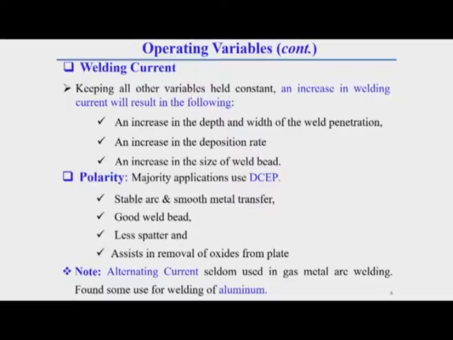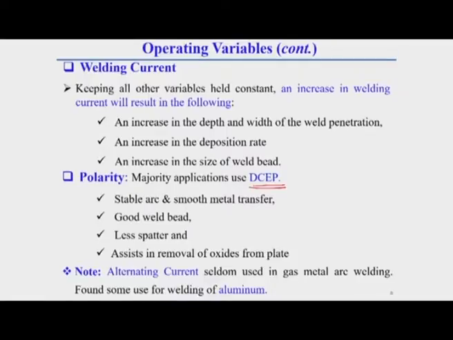But the main thing you should keep in mind is that, as it is a consumable type of electrode, more heat should be generated in the electrode. That is why DCEP type of polarity is preferable, because DCEP means direct current electrode positive.